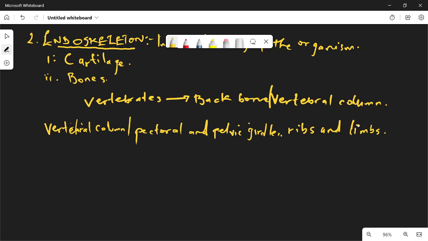But before we go there, let me quickly branch somewhere. There's a particular type of the endoskeleton. Remember that I said the endoskeleton is the type that is found inside the body of the organism. But before we talk about the ones that actually have cartilages and bones, let me quickly talk slightly about these ones here.